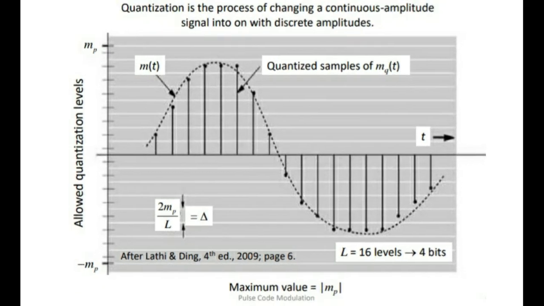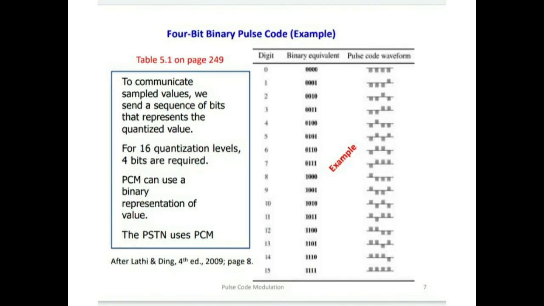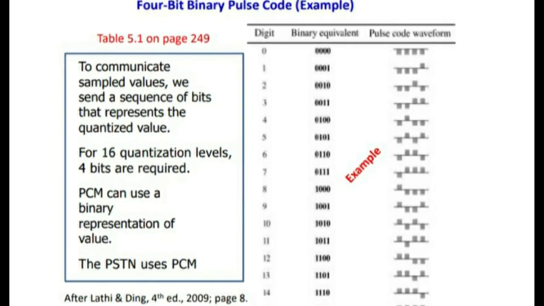Now, how are those levels represented? See, the 16 levels are represented like this. To communicate sampled values, we send a sequence of bits that represents the quantized value. For 16 quantized levels, 4 bits are required because 2 to the power of 4 is equal to 16. PCM can use a binary representation of values.